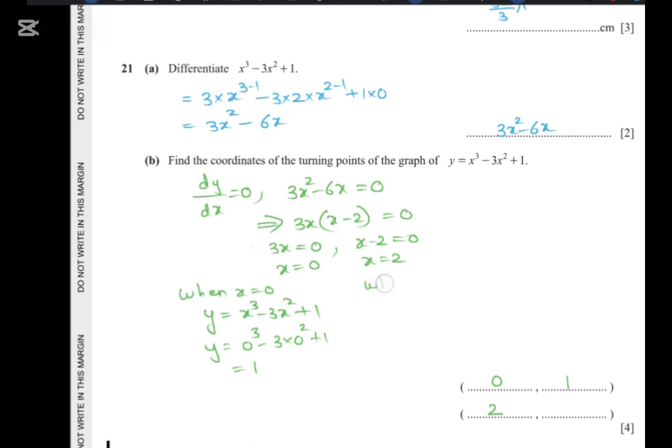Next, when x is 2, y will be 2 cube minus 3 into 2 square plus 1. So 2 cube is 8, minus 3 into 2 square, which is 4, that is 12, plus 1, which is 9 minus 12, which is minus 3. So y is minus 3 when x is 2.